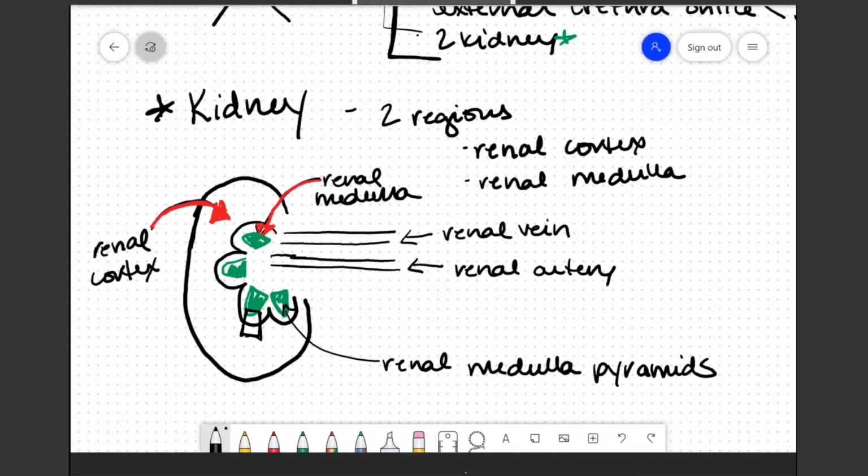So basically blood will come in the kidney through the renal artery. It will get filtered in the kidney, and then the blood will actually travel out through the renal vein. You also then are going to have a structure that is going to be leaving the kidney with all of the waste products, and that's this guy.